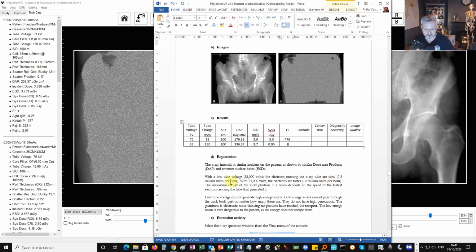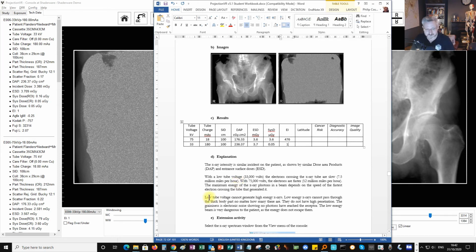They're only going 7.5 million miles per hour, which, believe it or not, is slow. With 75,000 volts, the electrons are fast, 12 million miles an hour. The maximum energy of each X-ray photon in a beam depends on the speed of the fastest electron crossing the tube that generated it. So all those electrons going slowly can only generate low energy photons.